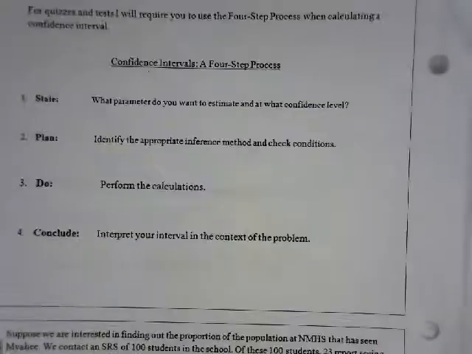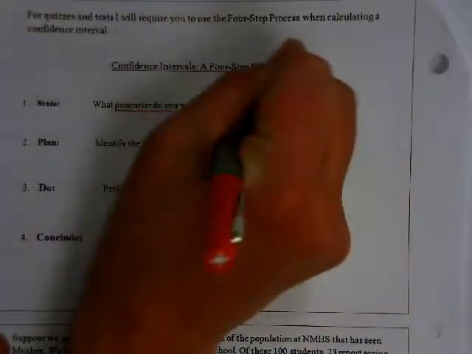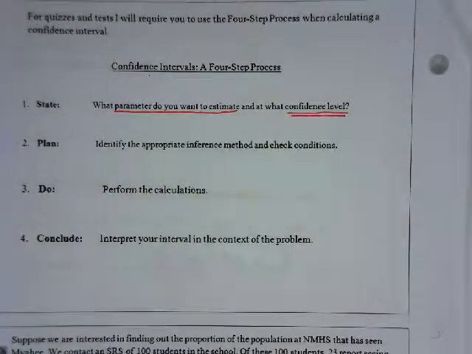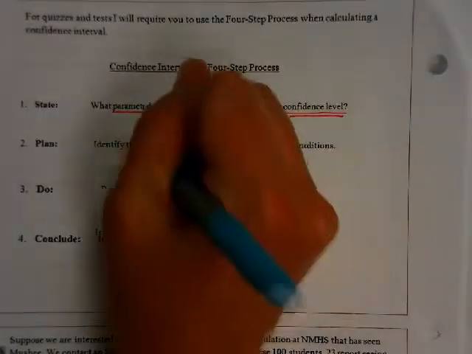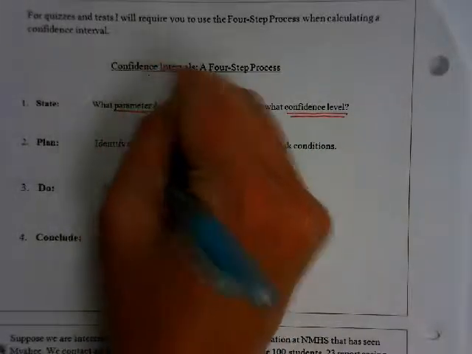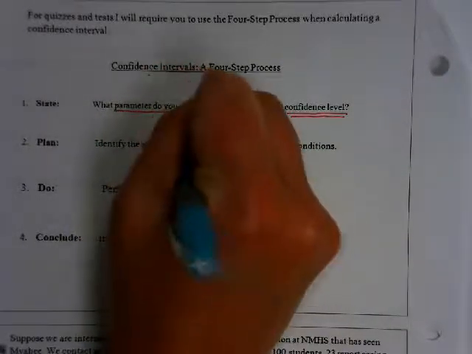On the state part, you state what parameter you want to estimate and at what confidence level. For the plan, you identify the appropriate method for inference and you check your conditions. So this part here, that's going to be a calculator function, although I did show you how to do it by hand, but today I'll show you the calculator function.